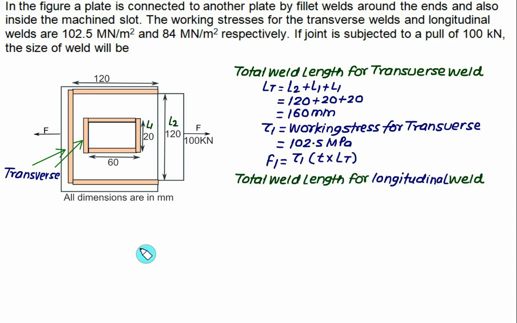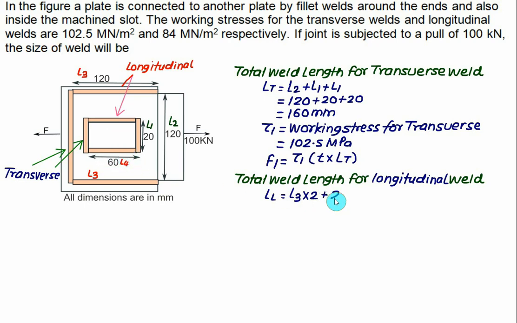Secondly, we have to find out the total weld length for the longitudinal weld. So this length is a longitudinal length. Let's call it L3. Similarly, L4 is the same. Even the axis of this weld is parallel, so it's longitudinal. So the total length for longitudinal, LL, is equal to 2 times L3 plus 2 times L4, top and bottom both.